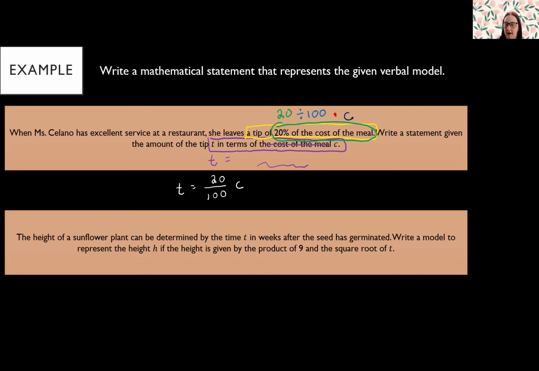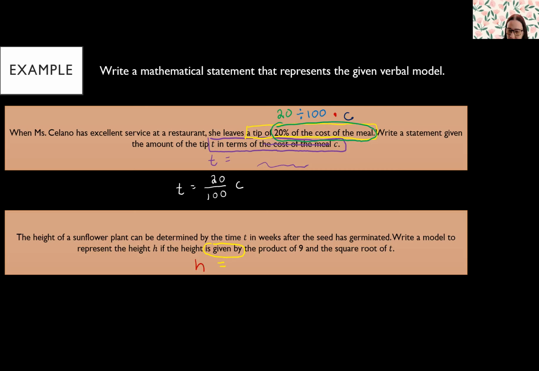So it says write a model to represent the height h if the height is given by. So is given by is a phrase that means an equal sign here. So I have an equal sign. And to the left of that I have the height. So height is our variable h.